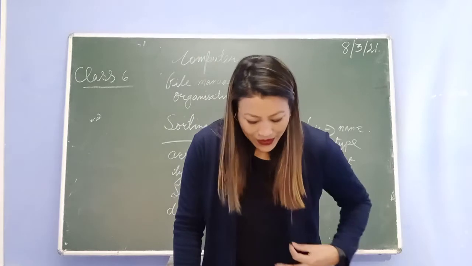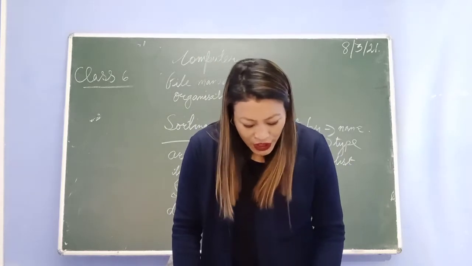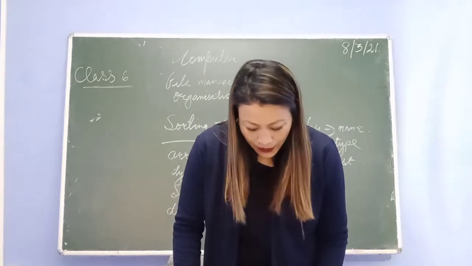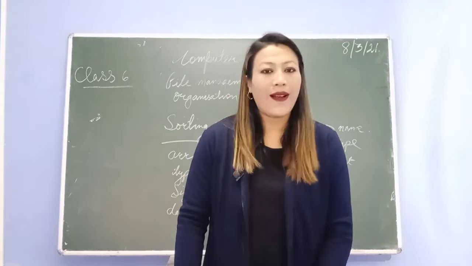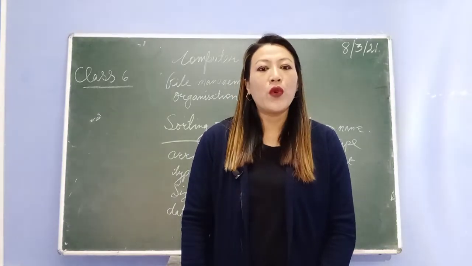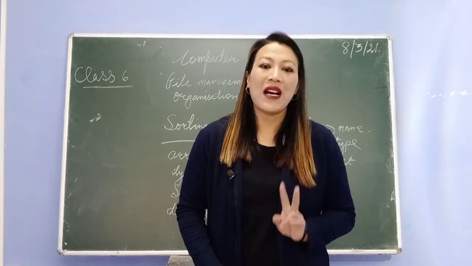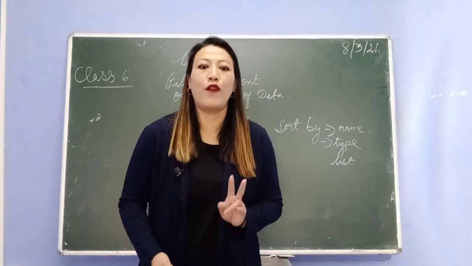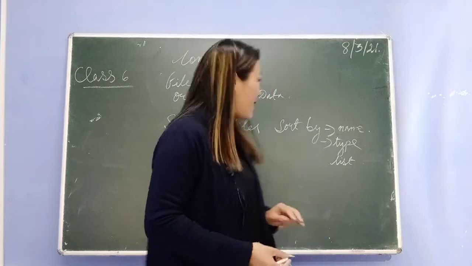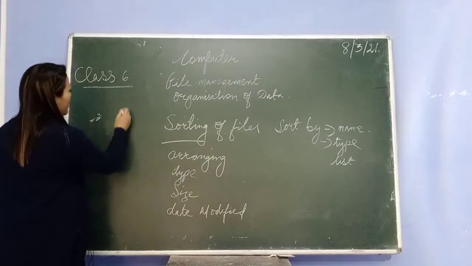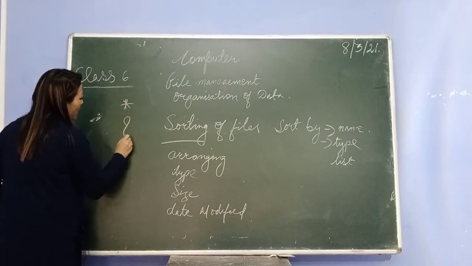Microsoft introduced the feature of searching for files and folders using two wildcard characters. Microsoft Windows has two wildcard characters which help us search for a file and a folder in your computer system. One character is the asterisk and one is the question mark.